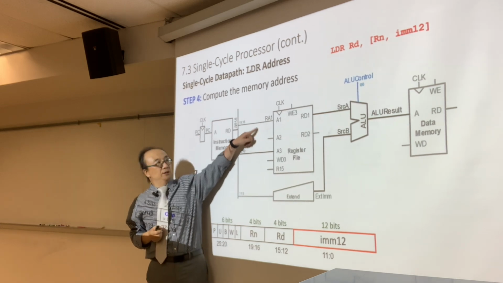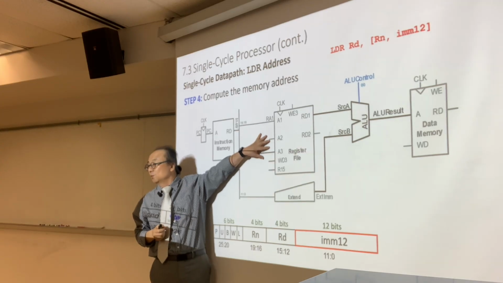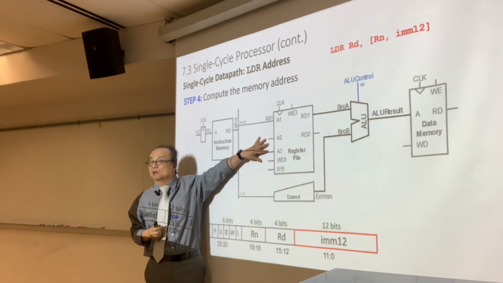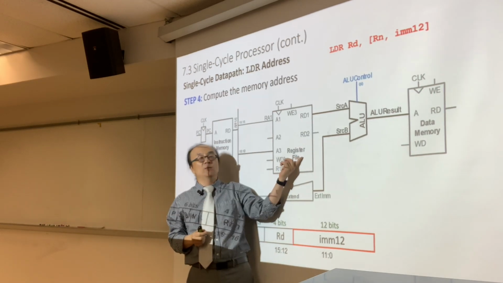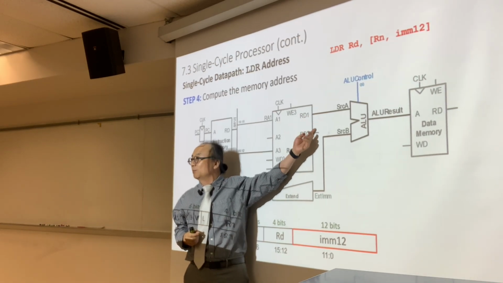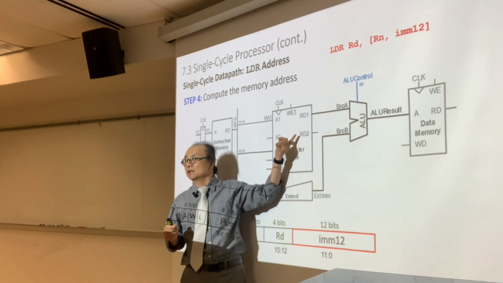So these are all 4 bits because we just need to call the name of the register. However, the output from this register file is going to be 32 bits because it's the actual contents of the register.